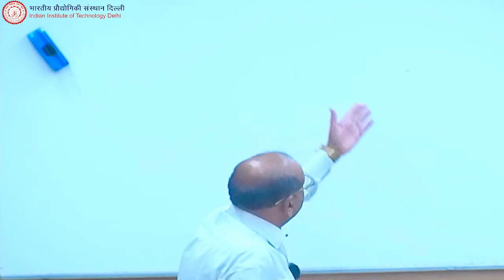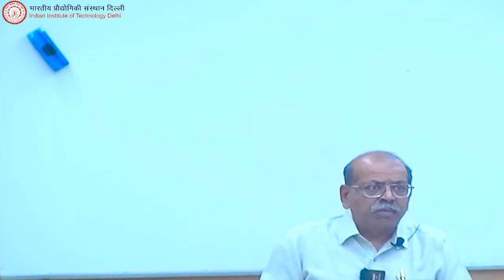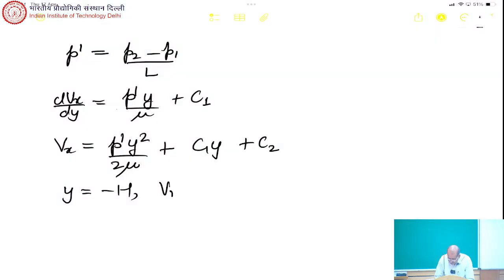Now how do we find C1 and C2? And this is where we will go to the boundary condition. What we have is at y is equal to minus h, Vx is 0. At y is equal to plus h, Vx is 0.